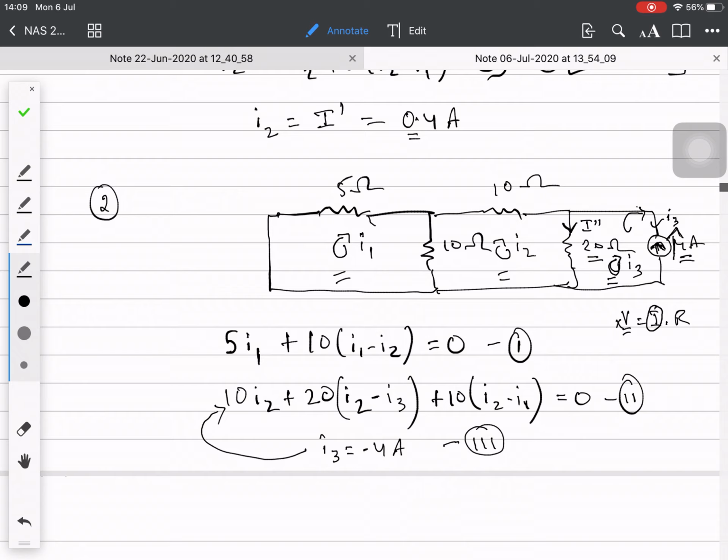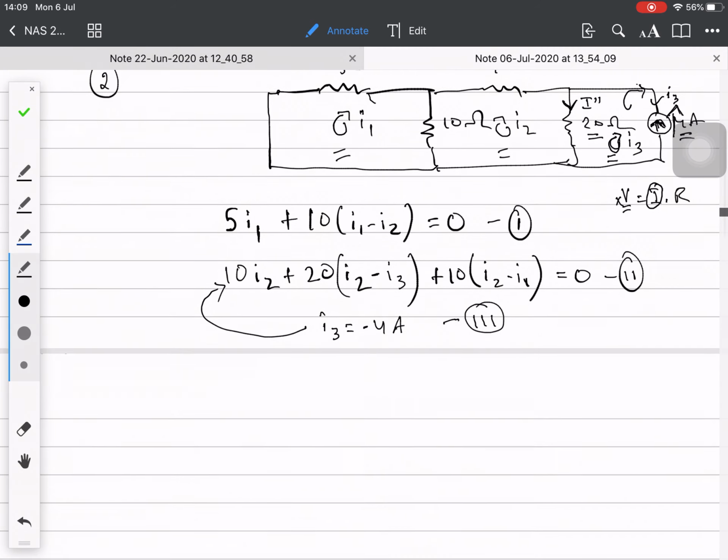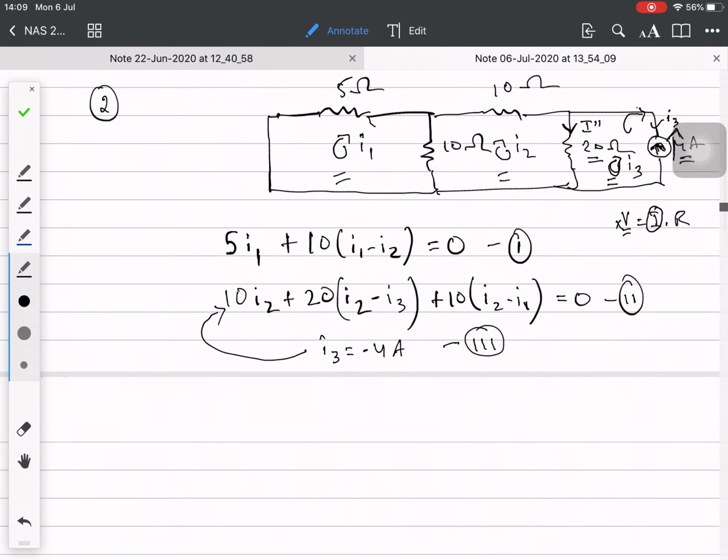I2 and I1. So when you solve this, one more thing we have to cover here is we have to find I double dash. And what will be the value of I double dash? I double dash value will be I2 minus I3, because I2 will be in this direction, I3 will be in this direction, right?